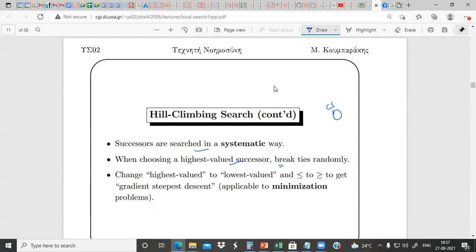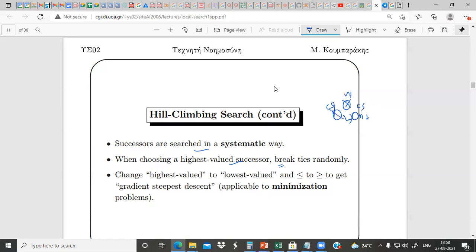Say there are two neighbors, neighbor 1 and neighbor 2, both with equal best values. Which one should you choose? Anything, randomly. So in case of a tie, one node is chosen randomly. Ignore n1, take n2. Is it better than cs? Then make this cs and remove the other. That's what it says.